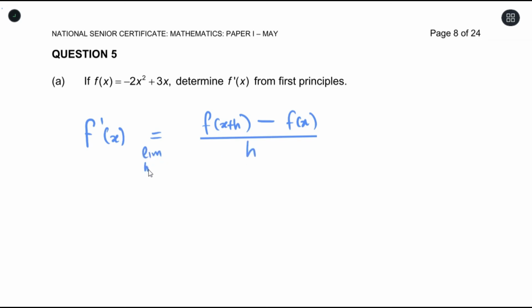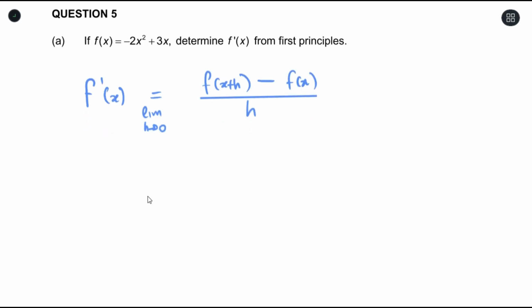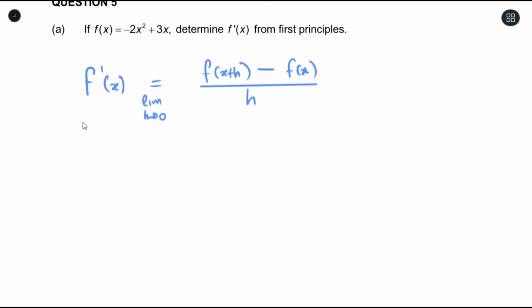And the formula for first principles looks like this. Okay.